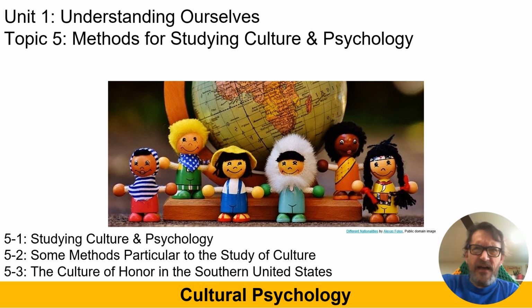All right, here in topic five, we're going to start talking about research methodology used in cultural psychology. Now, I'm fairly certain that pretty much every one of your classes has a research methods topic to it, right? And I personally have a common set of slides that I kind of tweak and modify a little bit.